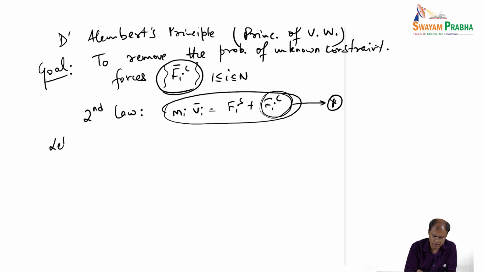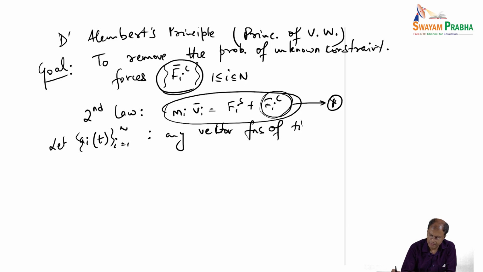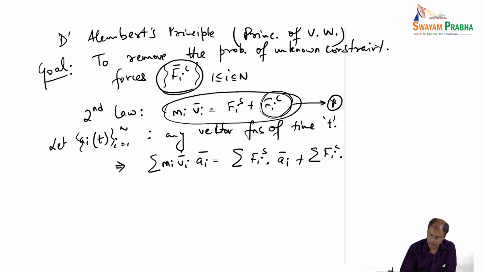So let my ai of t, i from 1 to n, be any vector functions of time t, and we have that summation mi vi dot times ai is also equal to, taking a dot product, Fi of S dot with ai plus summation Fi of C dot with ai, and we need to make the work done by the constraint forces 0.